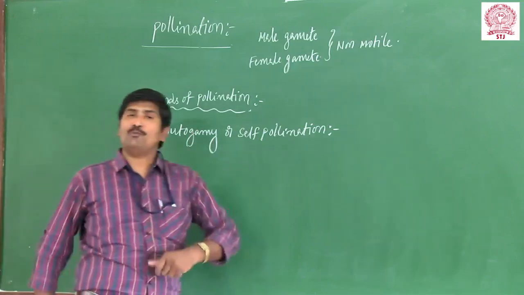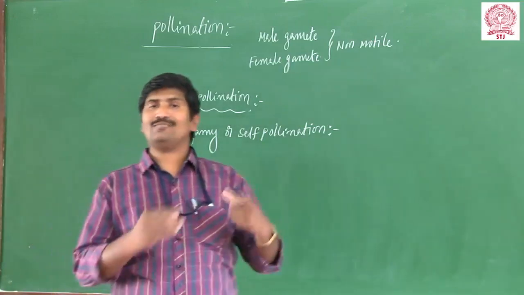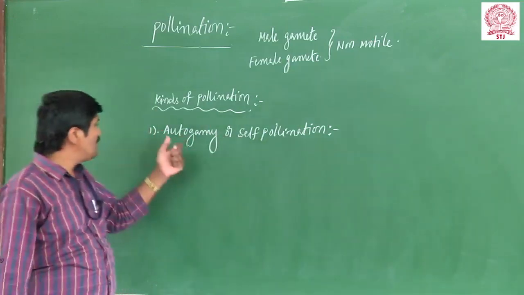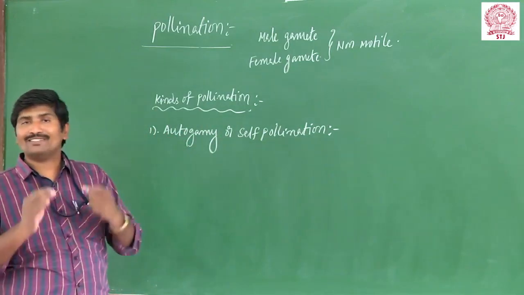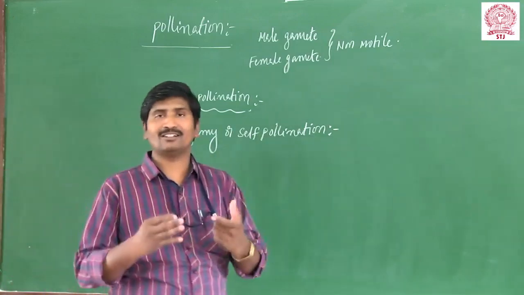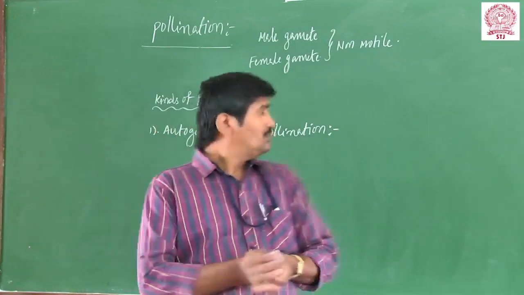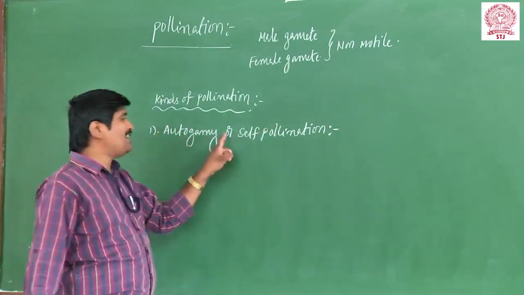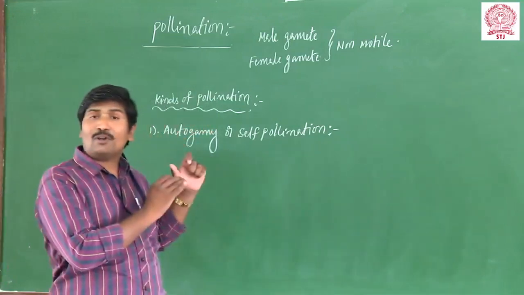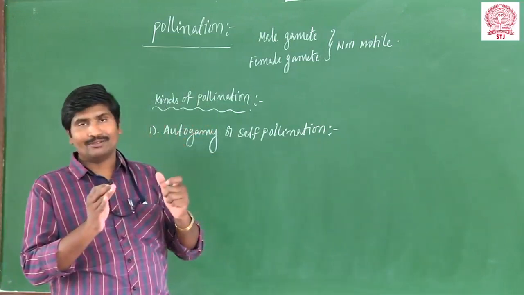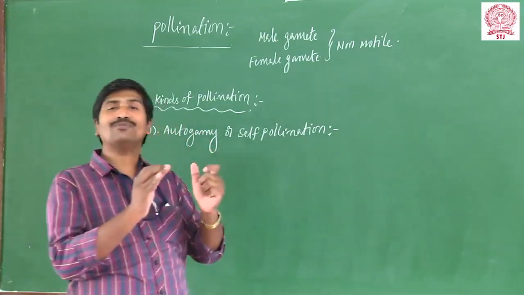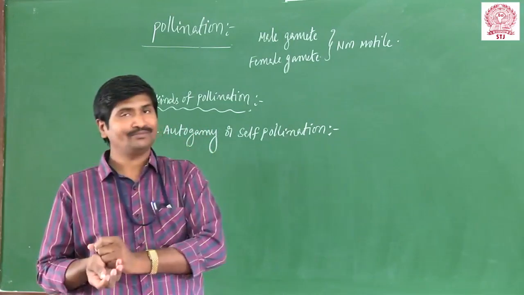So what is the meaning of autogamy or self-pollination? Auto in the Greek language means self, gamy means marriage, that is like fusion. Autogamy or self-pollination is the transfer of pollen grains from the anther to the stigma of the same flower.